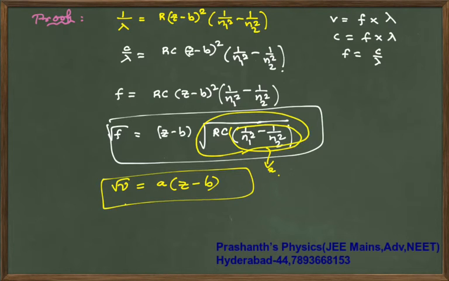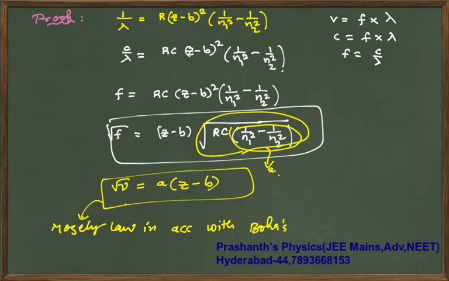So that means your Moseley's law is in accordance with Bohr's model. Right. So based on this there will be some basic questions and you are supposed to do those.